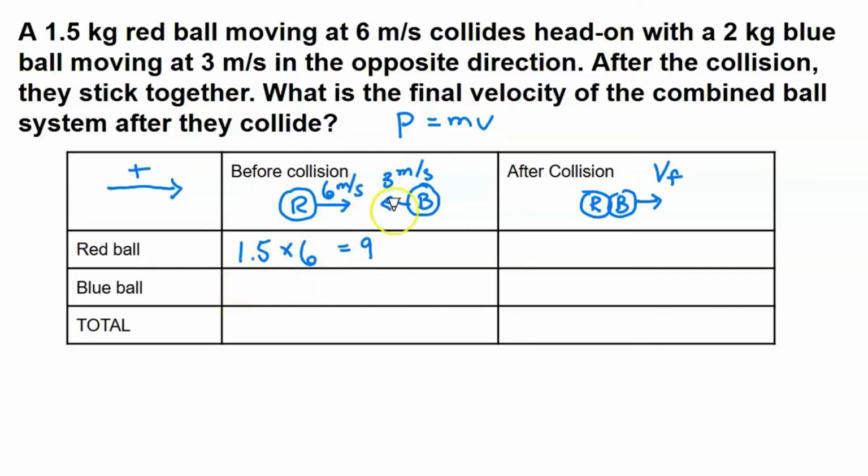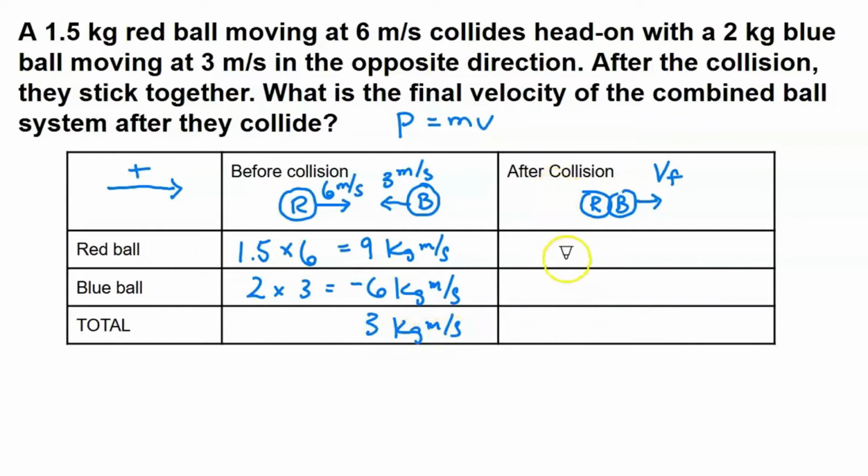And for the blue ball, it's 2 kilograms times 3, and we get 6, but it's in the negative direction, so it's negative 6. The units are kilogram meters per second. Then we add these together, 9 minus 6, and we get 3 kilogram meters per second. So that's the total initial momentum.